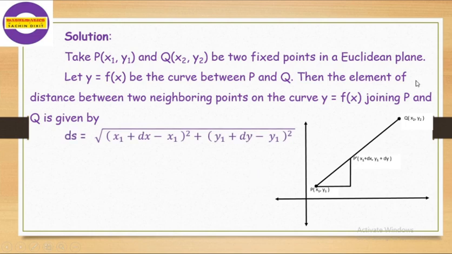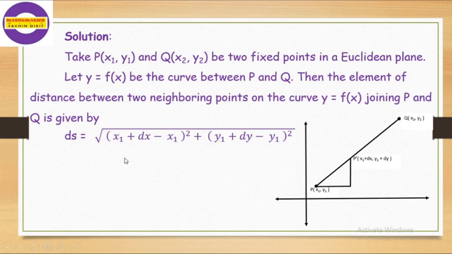Then the element of distance between the neighboring 2 points on the curve y equals f of x joining P and Q is given by ds equals under root of [(x1 plus dx minus x1) whole square plus (y1 plus dy minus y1) whole square].